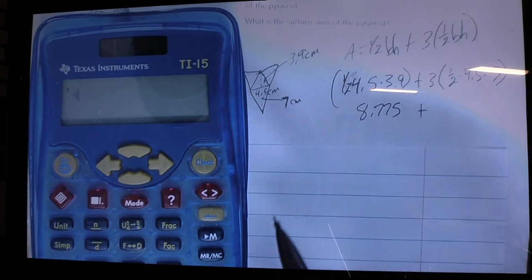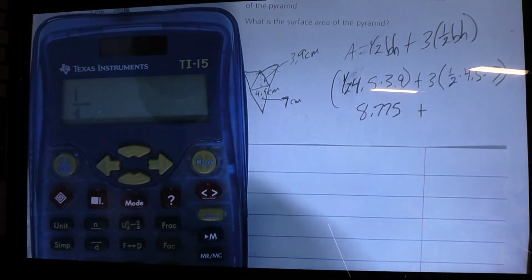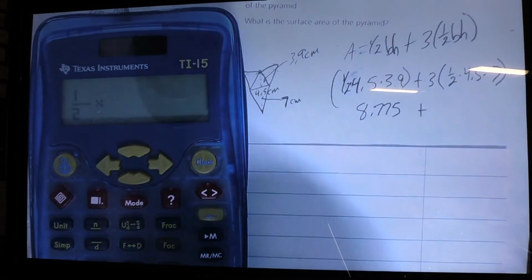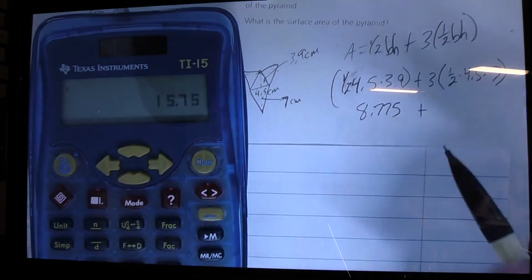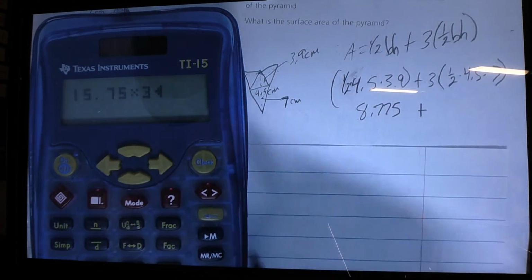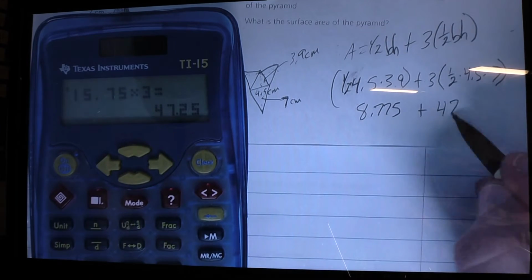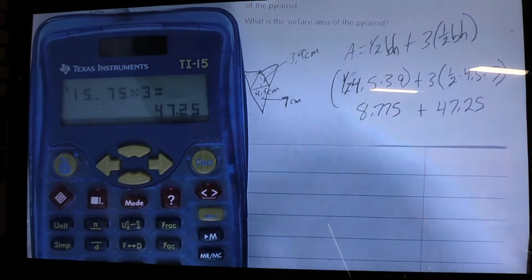I don't know why that happens, but it does. So I'm going to say 1, then hit the N, then 2, times 4.5, times 7, and that gave me 15.75. Now I have to times that by 3, and that gave me 47.25.